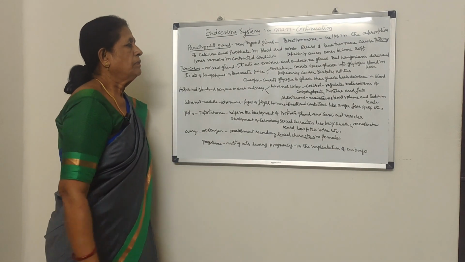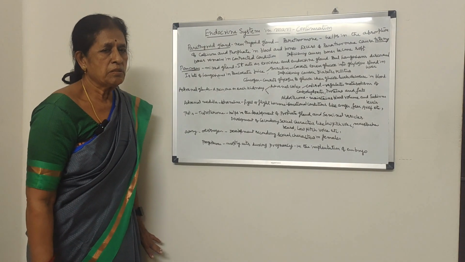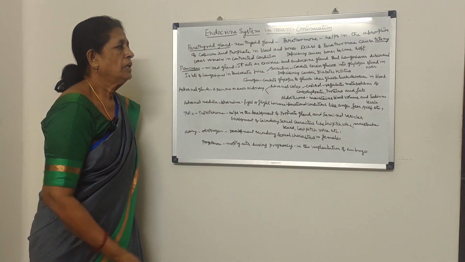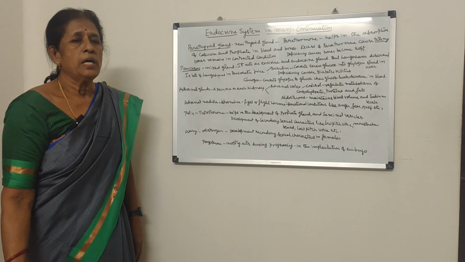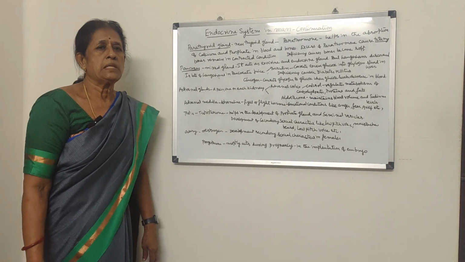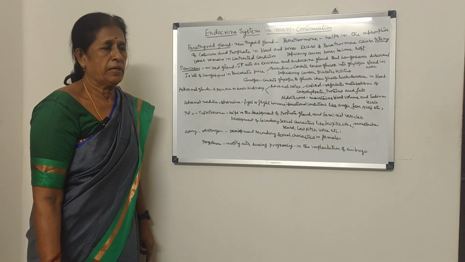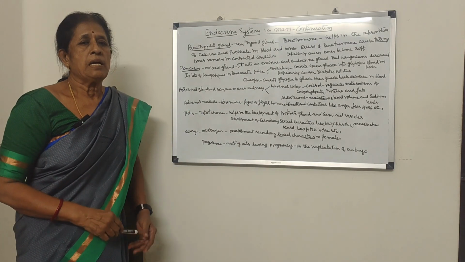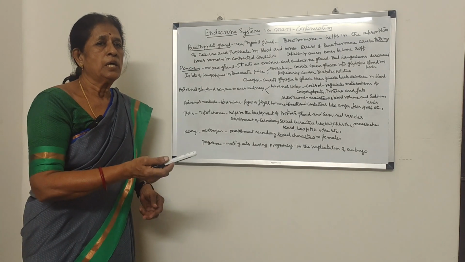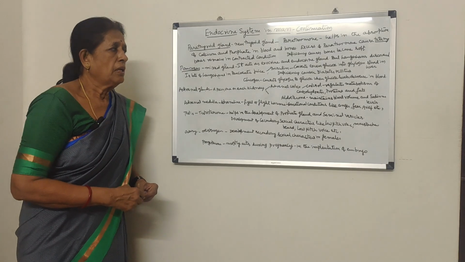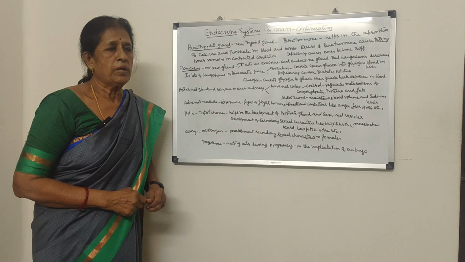These islets of Langerhans secrete two hormones. The first one is insulin, another one is glucagon. Insulin helps in the conversion of excess glucose present in the blood to glycogen and stores it in the liver. Suppose there is a deficiency of insulin, what happens?